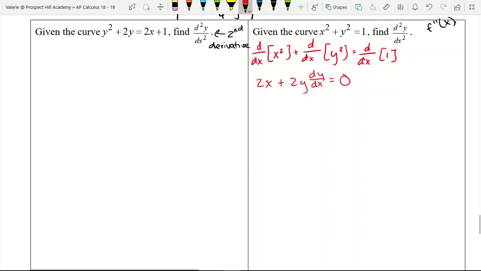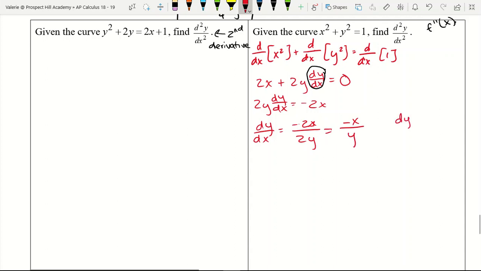Okay. So to get dy/dx all by its lonesome, we need to do some manipulation. So we're going to have 2y dy/dx equals negative 2x. So dy/dx equals negative 2x over 2y, which we can simplify to just negative x over y.